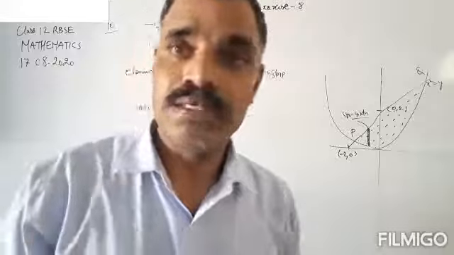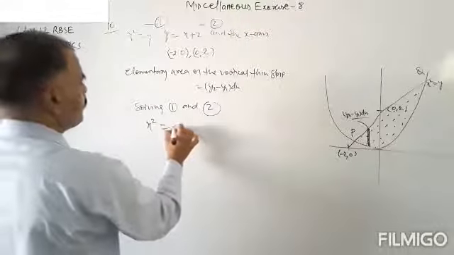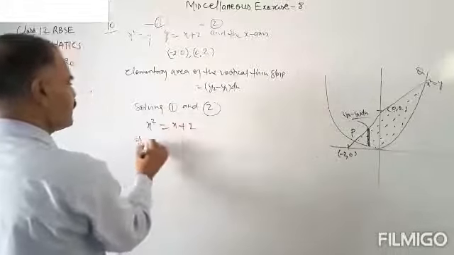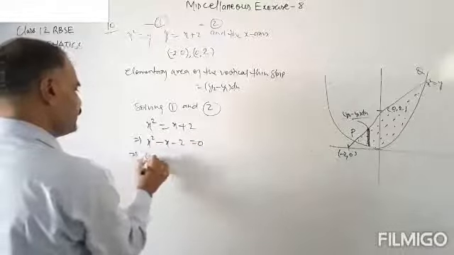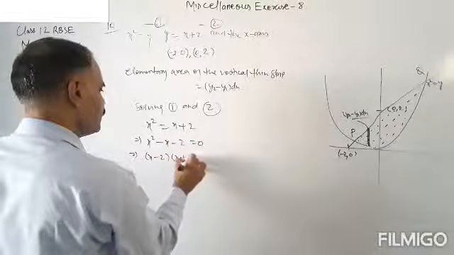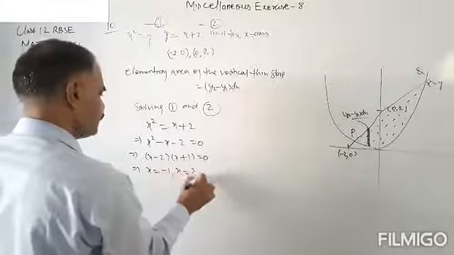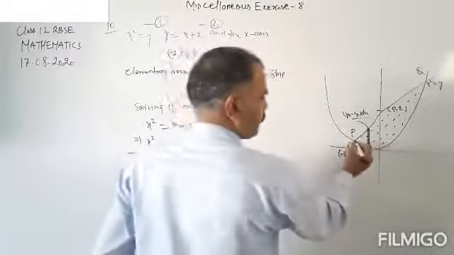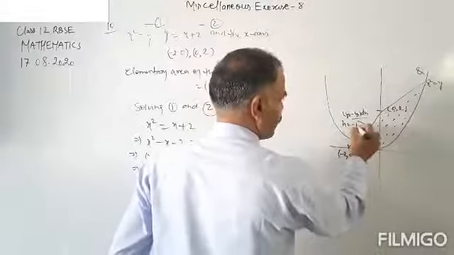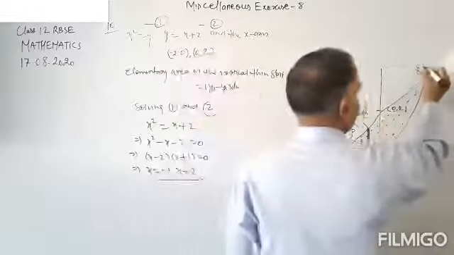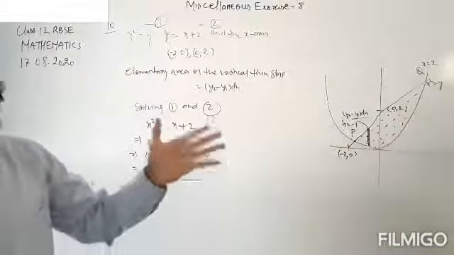So x square equals x plus 2, which implies x square minus x minus 2 equals 0, which implies x minus 2 times x plus 1 equals 0, so x equals minus 1 and x equals 2. At this point x is minus 1 and at this point x is 2. So the limits vary from minus 1 to 2.